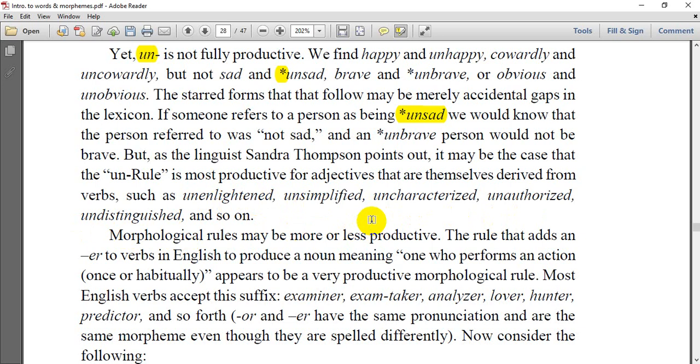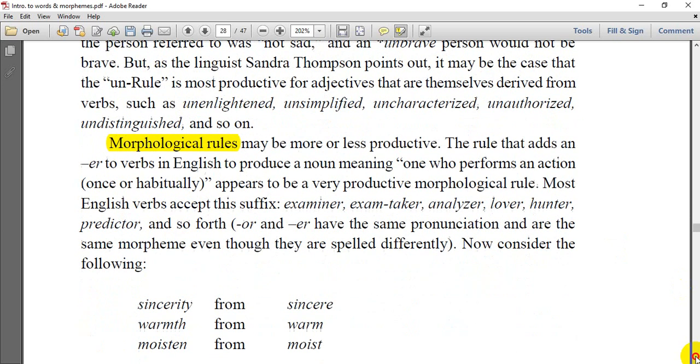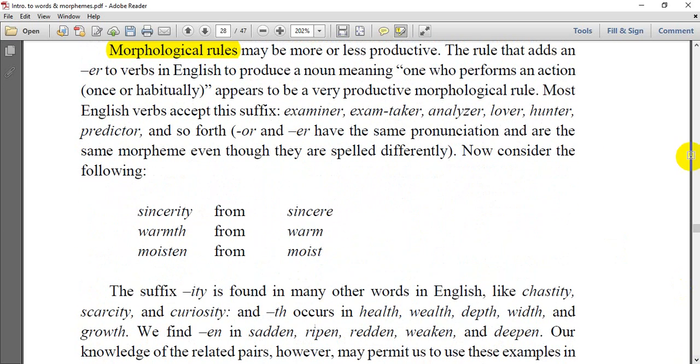Also, morphological rules may be more or less productive. The rule that adds an -er or -or to verbs in English to produce a noun.